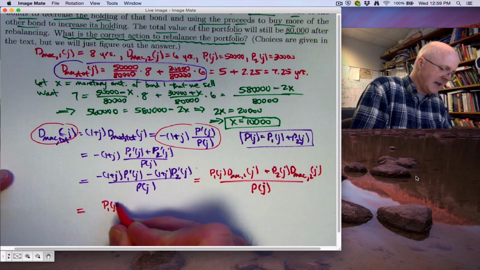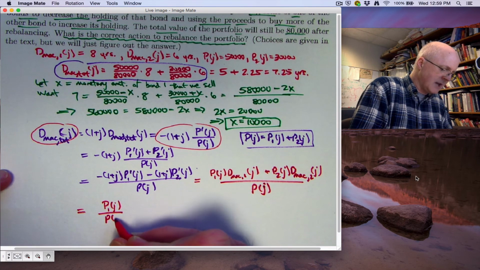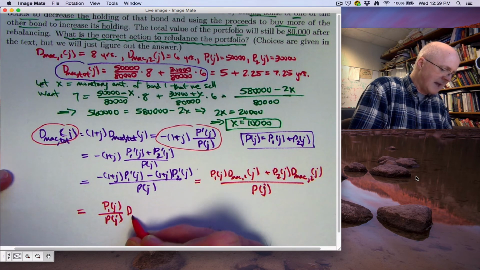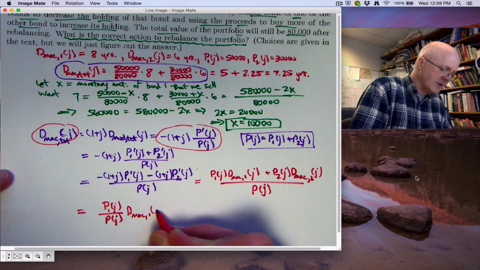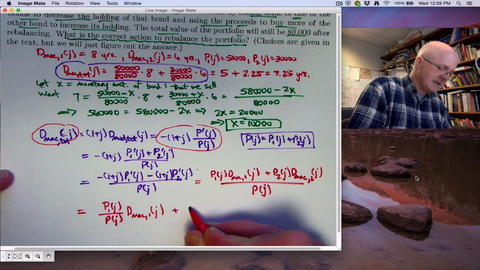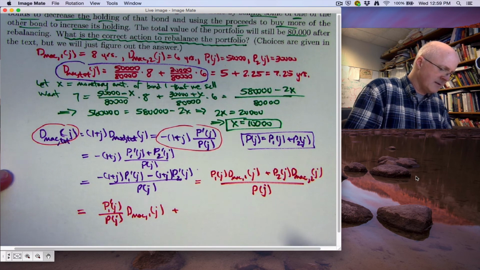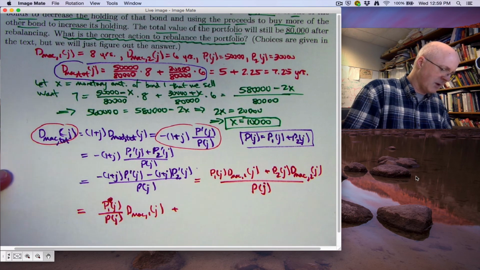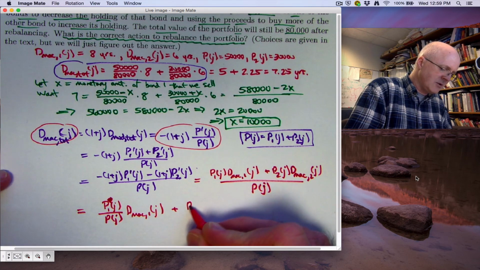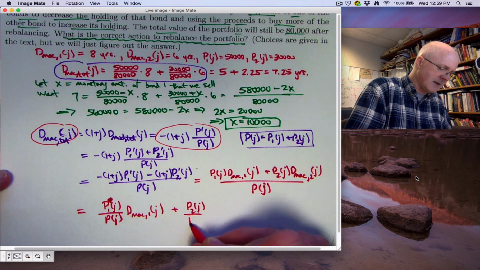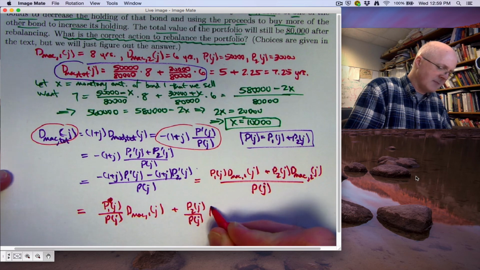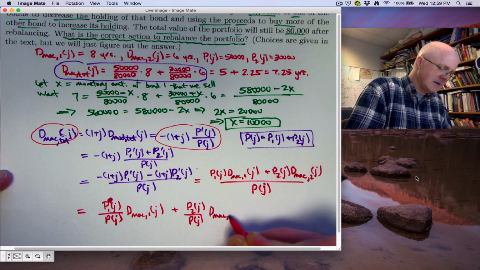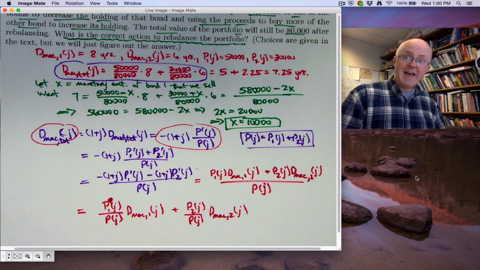P1 of j divided by P of j times d mac 1 of j, plus P2 of j divided by P of j times d mac 2 of j. And that does it.